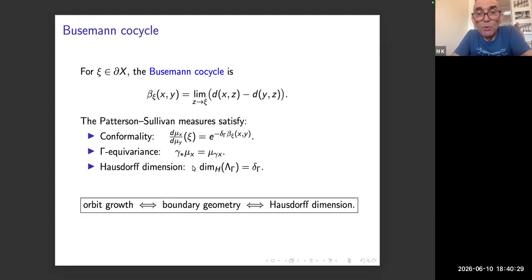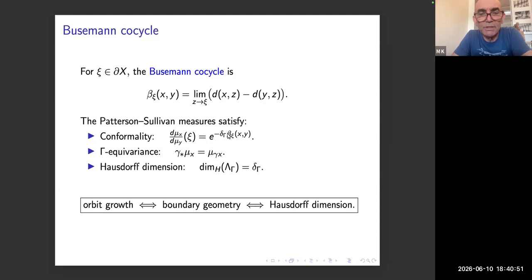This Busemann cocycle is again defined by a delicate limit; it's hard even to show that the limit exists. They essentially measure Radon-Nikodym derivatives of the different measures constructed by Sullivan, d mu x and d mu y, for different points x and y on the boundary.